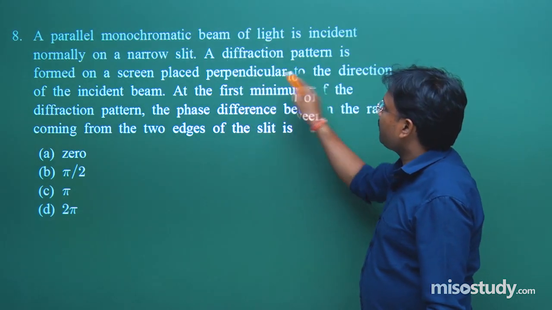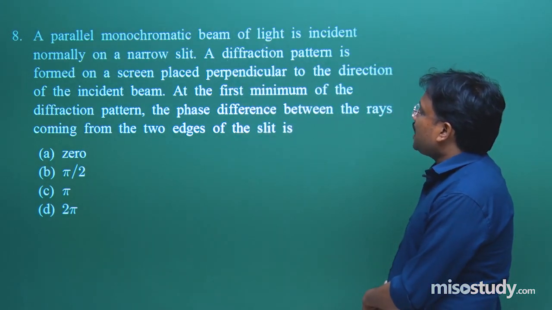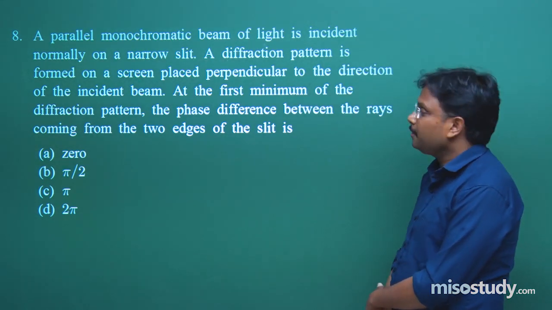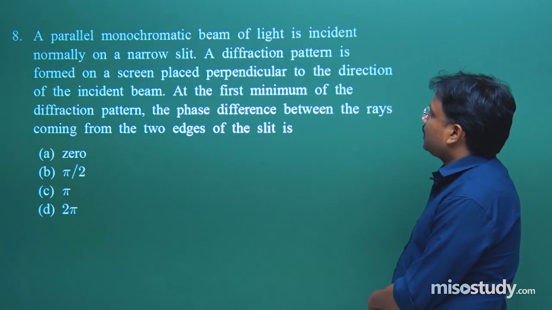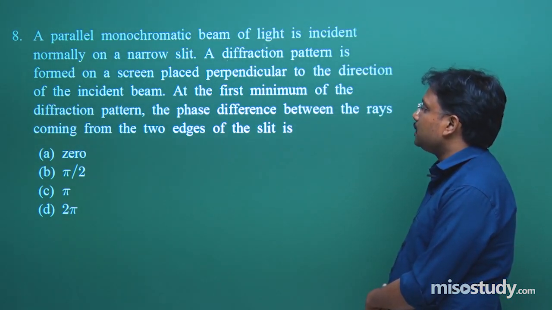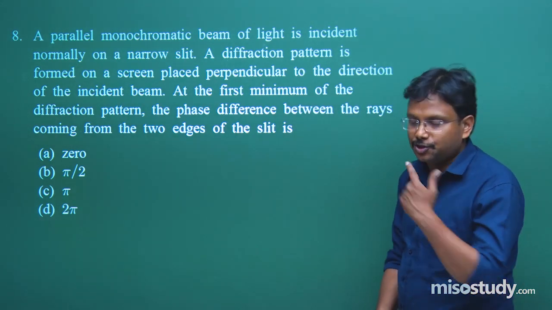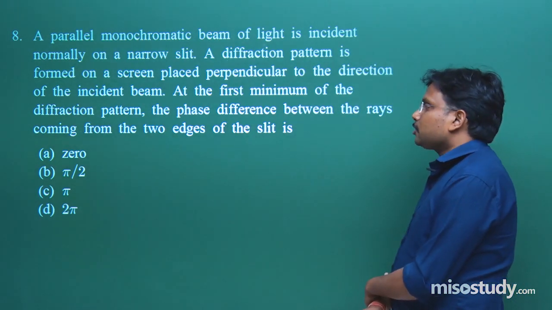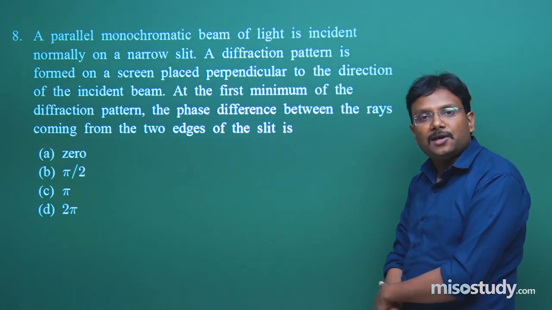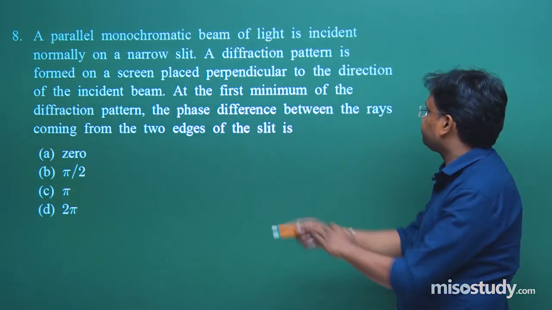So a diffraction pattern is formed on a screen placed perpendicular to the direction of the incident beam, fine. At the first minima of the diffraction pattern, the phase difference between the rays coming from the two edges of the slit is how much? Direct concept and theoretical formula based question, okay.